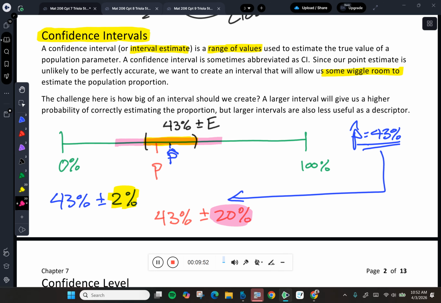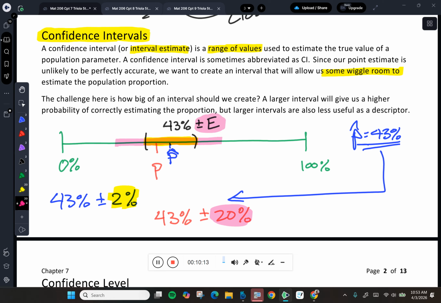So that little bit of wiggle room that we want to give to create that confidence interval, we've got to balance against making the interval too large. And when we make it too large, it becomes a useless measurement tool, a useless estimator.